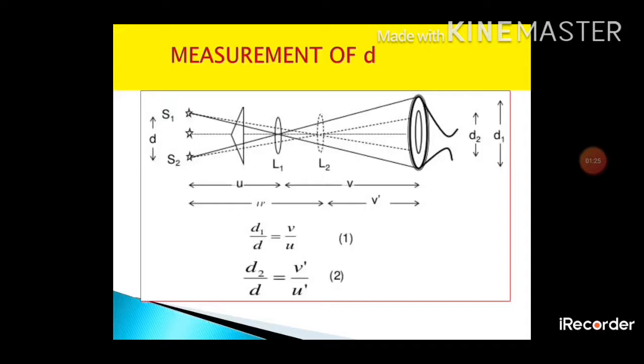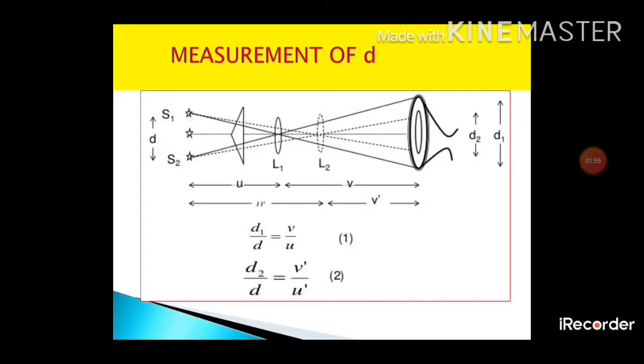In the first case, we will move the convex lens to the position L1 such that we obtain the images of sources S1 and S2 in the eyepiece. Let D1 be the distance between the images of sources S1 and S2 for the position L1 of the lens.